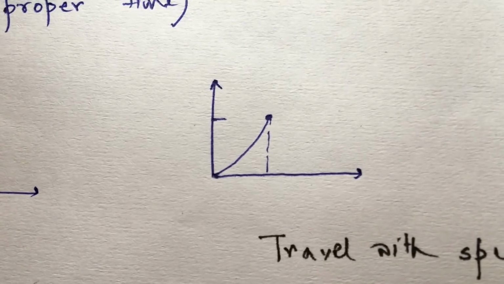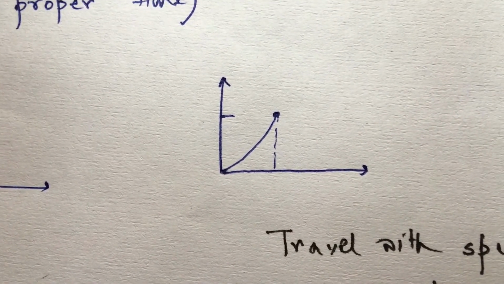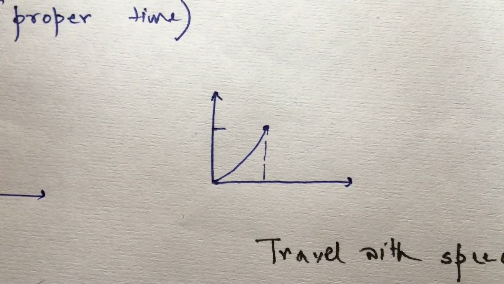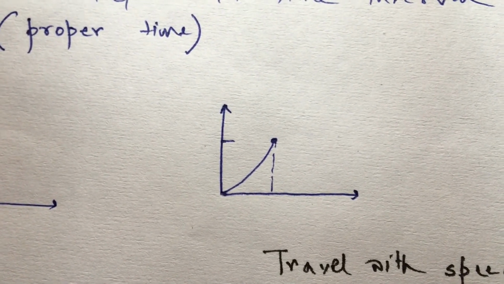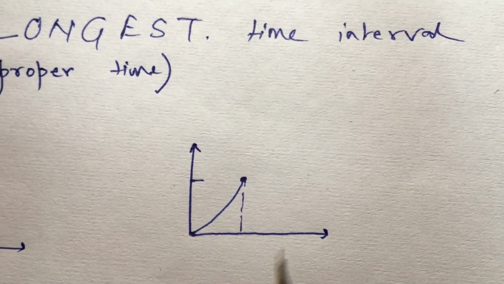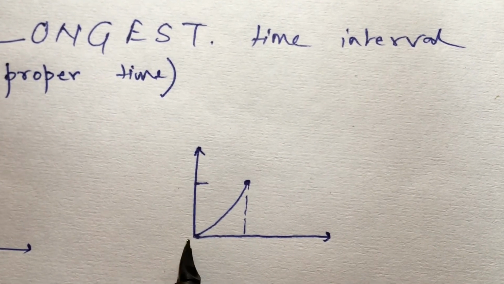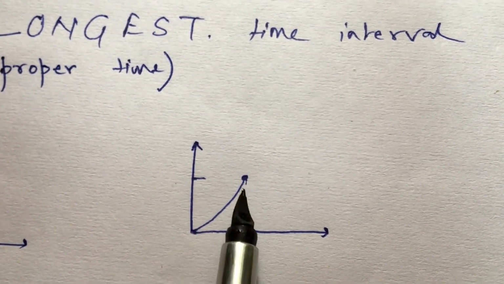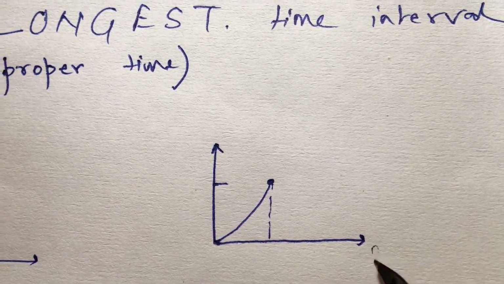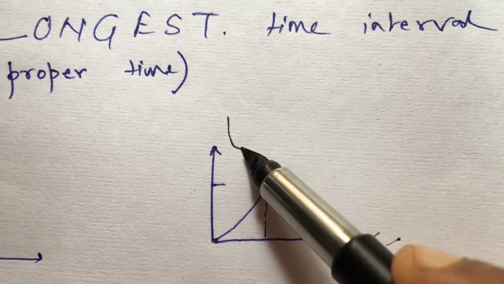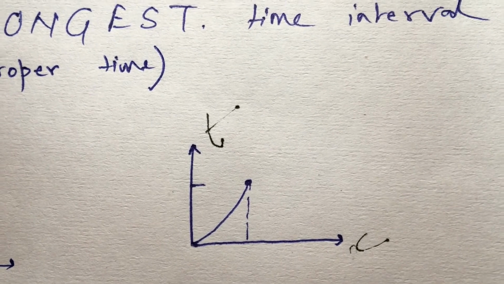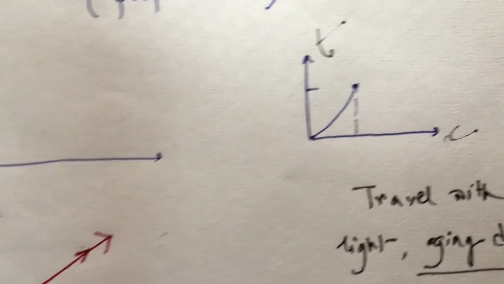But what if some portion of the velocity is wasted or is spent for traveling along the x-axis also? So here, if the object is moving along a curved path, it has a space coordinate and it has a time coordinate also. This is x space, this is time.